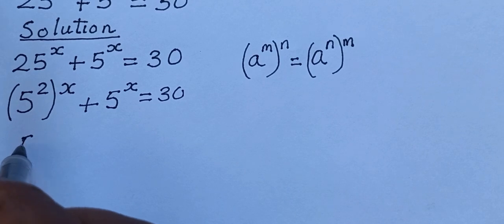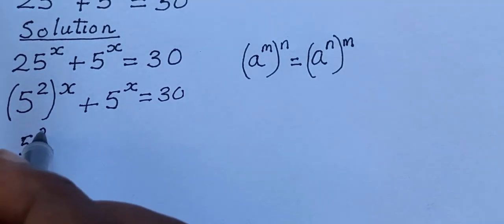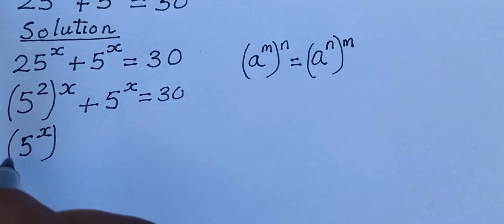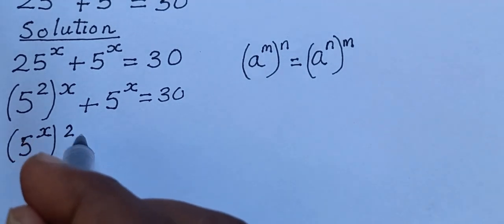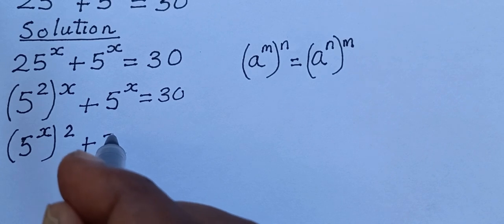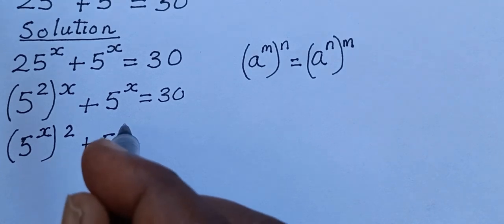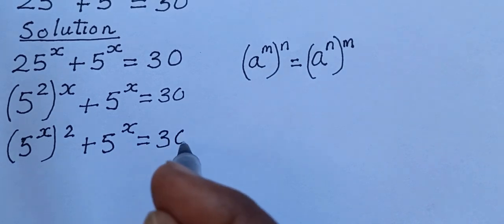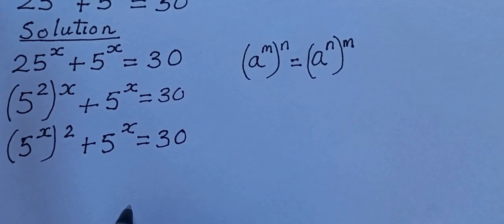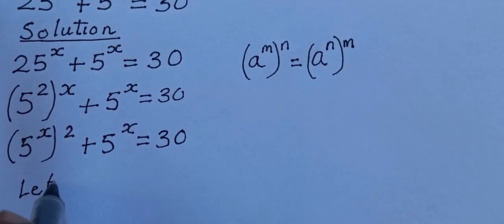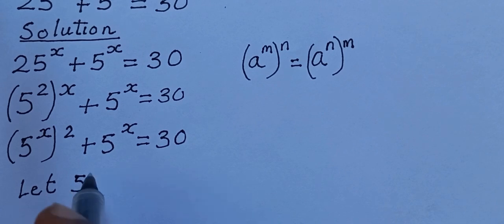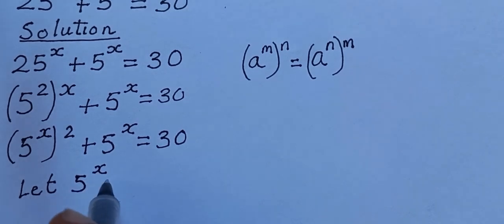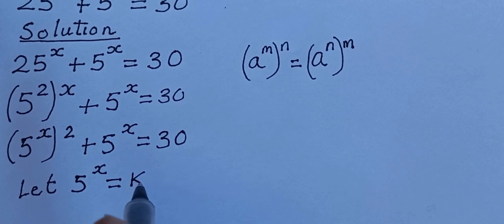(5 raised to power x) in the bracket raised to power 2 plus 5 raised to power x equals 30. So here let 5 raised to power x equal k.